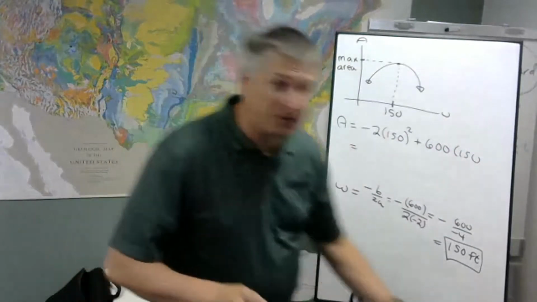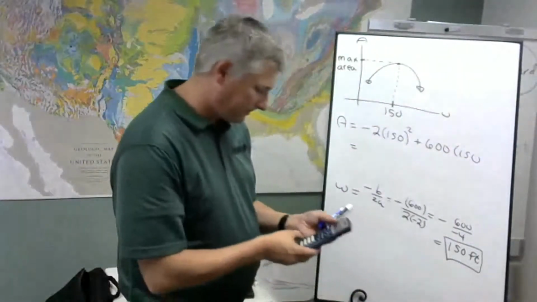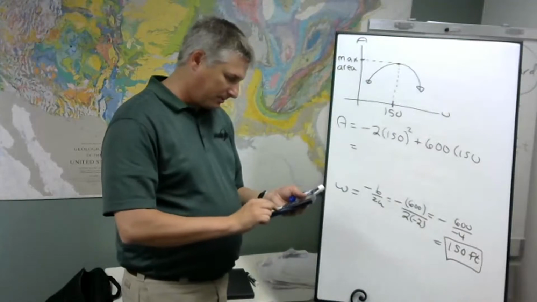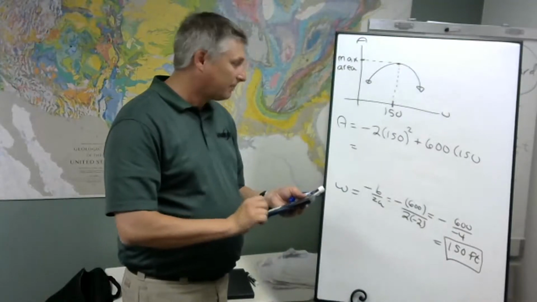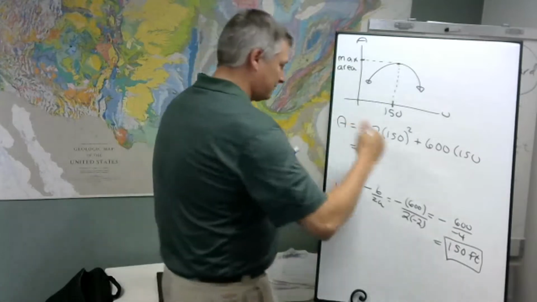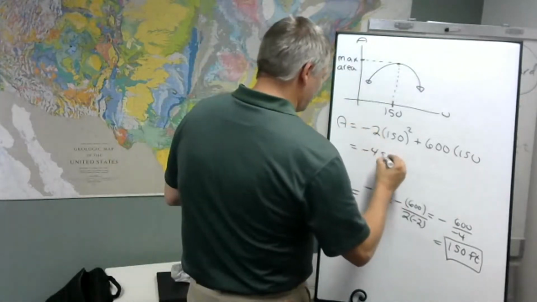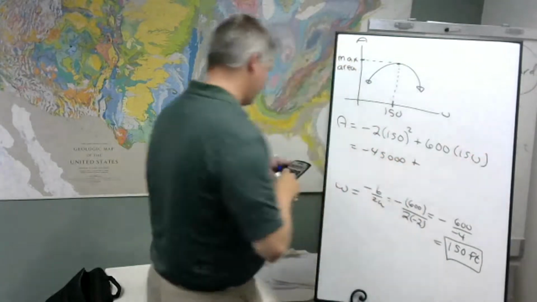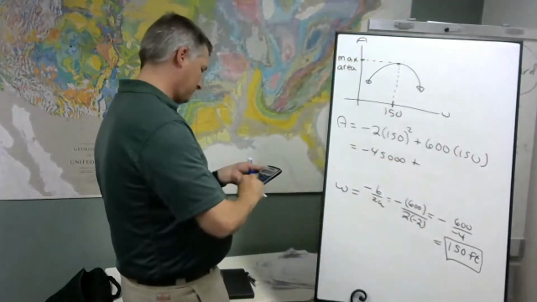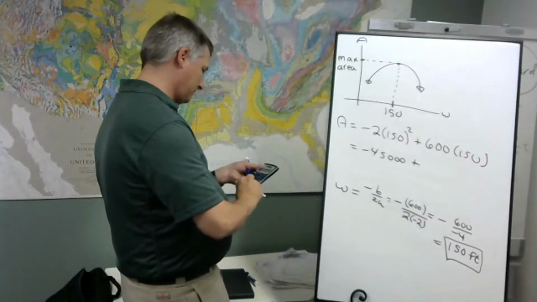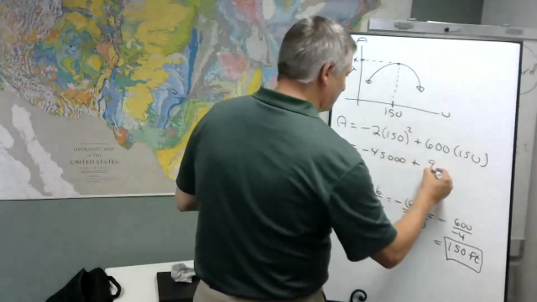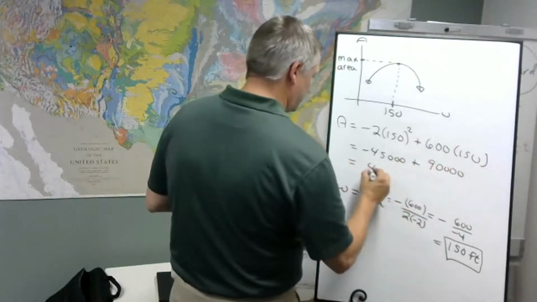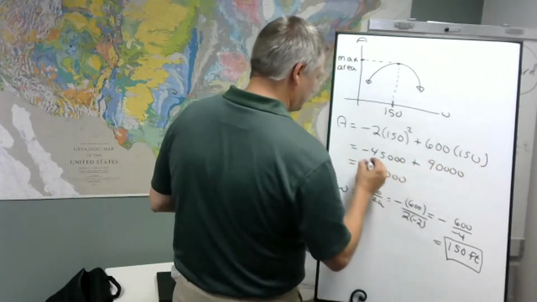Let's see here, 150 squared. It's going to be negative 45,000 plus 90,000, or 45,000.